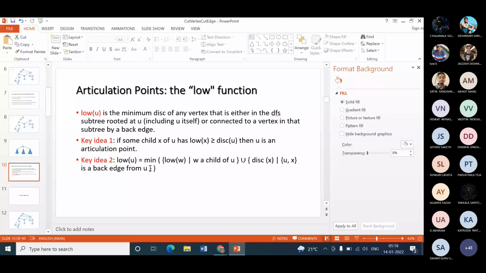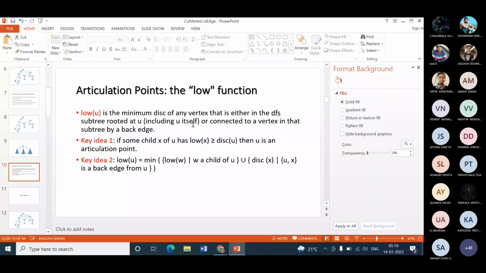So low u, what is its meaning? It is the minimum discovery of any vertex that is either in the DFS subtree rooted at u or connected to a vertex in that subtree by a back edge.